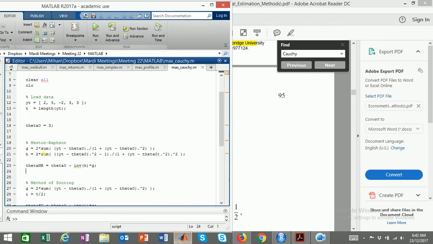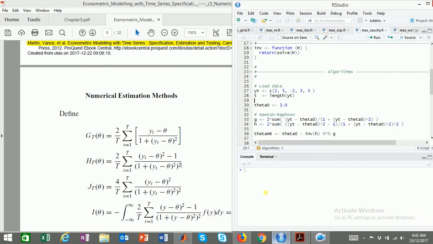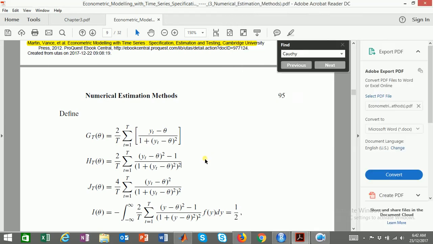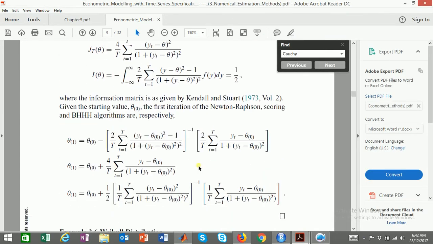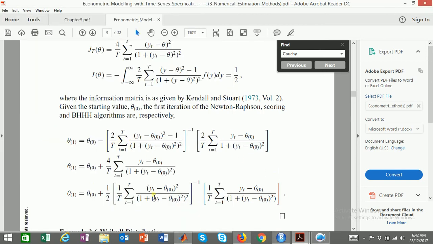The Hessian is 2 sum of (yt minus theta naught) squared minus 1 divided by 1 plus and so on. Then in Newton-Raphson, theta is theta naught minus the inverse of the Hessian. So this is just theta naught minus this portion: theta naught minus the gradient divided by the Hessian.